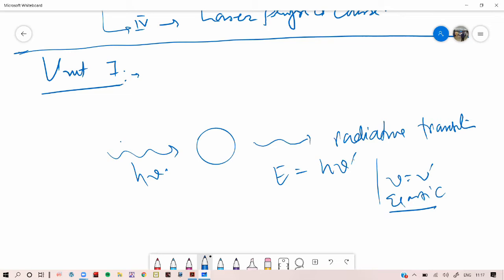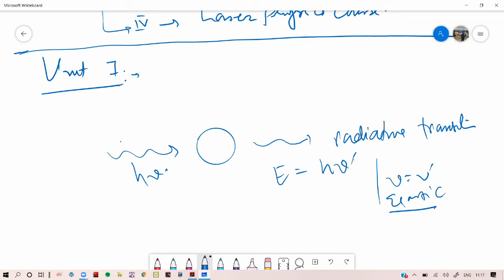One of the examples: if we have a simple atom in an external optical field, in a simple external optical field, then from the modern theory, or the current picture, we have photons which are quantized, which have discrete energy.